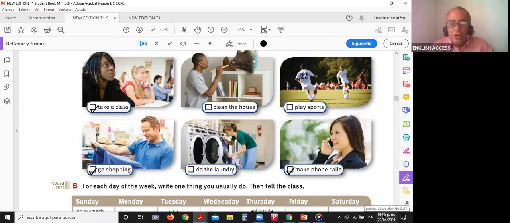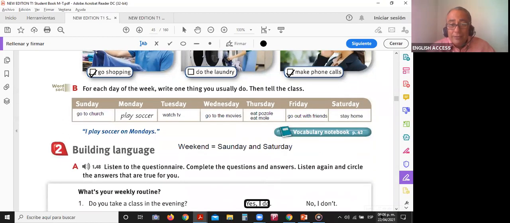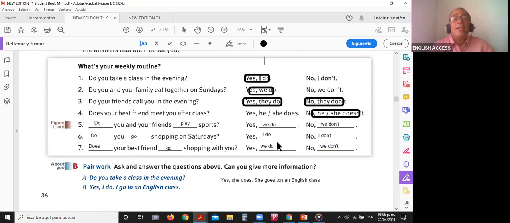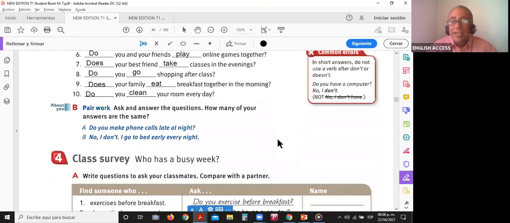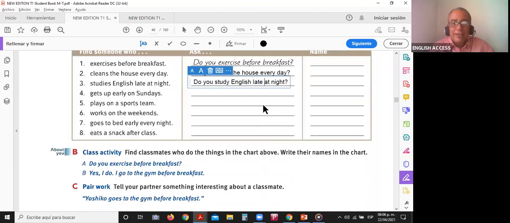Are you early or late to go to the park? Late. The game is at 6 and you are here in class. Late means tarde. Write it down. Late means tarde. So do you study English late at night? Imagine that you are studying and it's night and you are falling asleep.